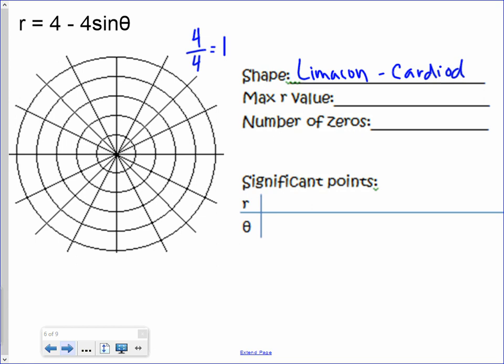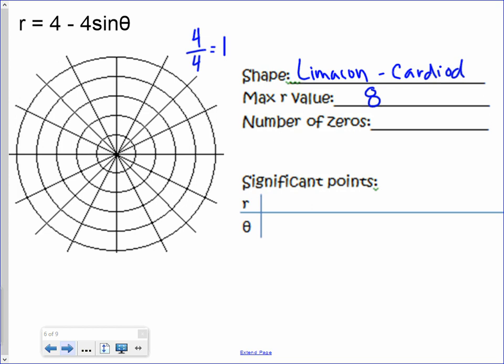You're always looking at just the absolute values of A and B. What is the max r value, Katie? 8. Yep, 4 plus 4. And again, we're not going to keep that negative with that 4. That's just telling us its orientation is down, so most of it will show up below the horizontal axis.